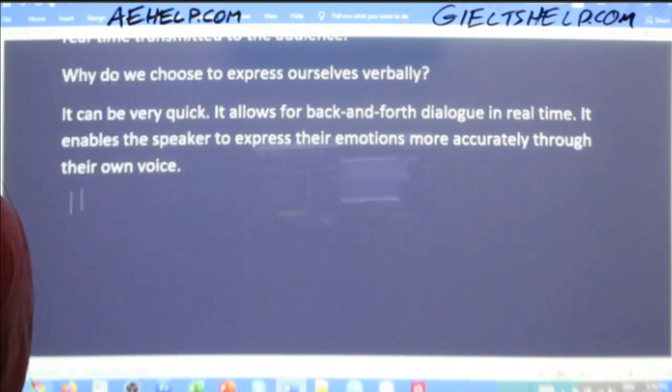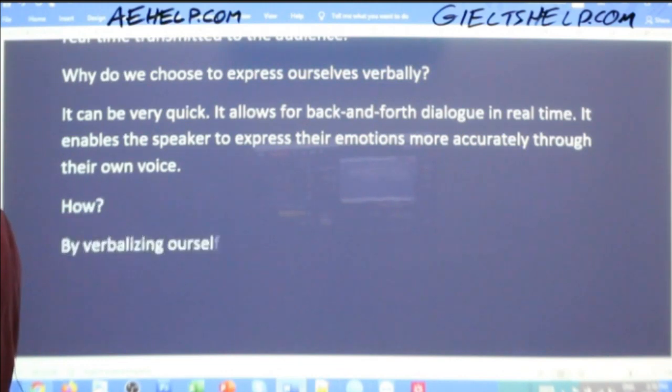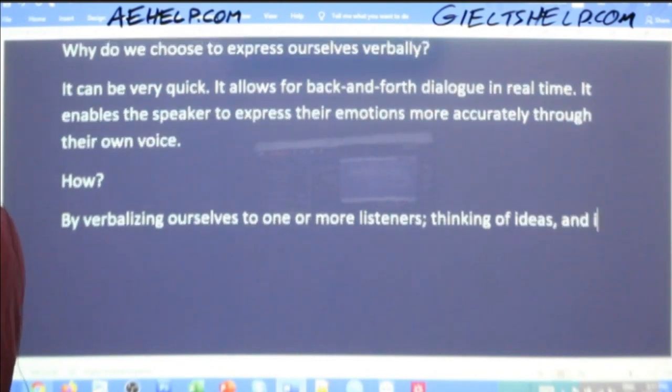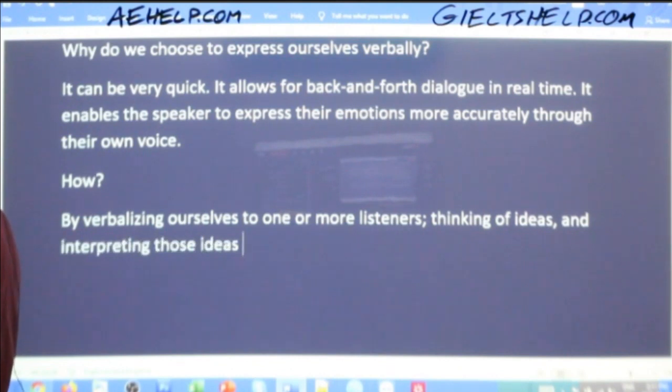Okay, so how? By verbalizing ourselves to one or more listeners, thinking of ideas and interpreting those ideas in real time into sounds.